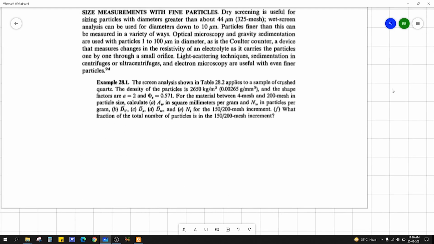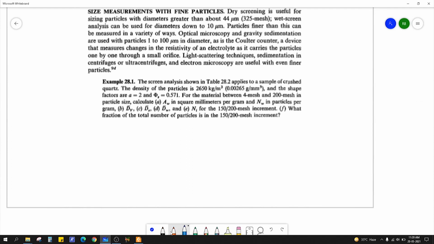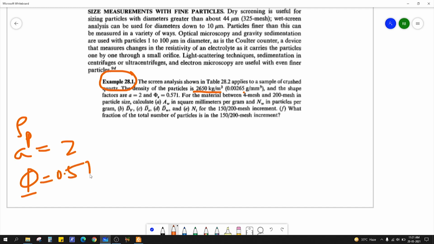Okay, next we have a problem here, example 28.1. Try to go through this problem and solve it. The question states that the density rho of the particle is given, in both units, kg per meter cube as well as gram per millimeter cube, and the shape factor a is given as 2, and phi s, that is sphericity, is given as 0.571, for the material from 4 mesh to 200 mesh in particle size.